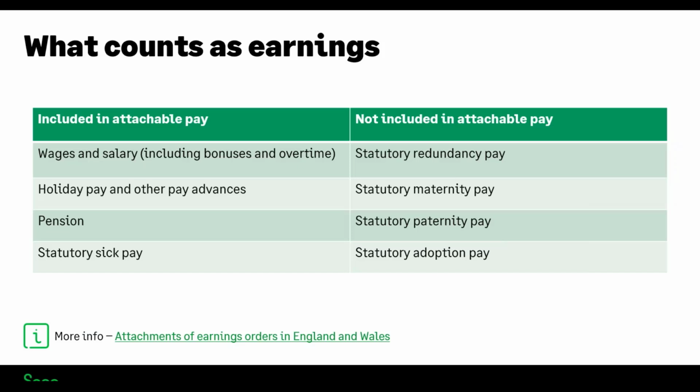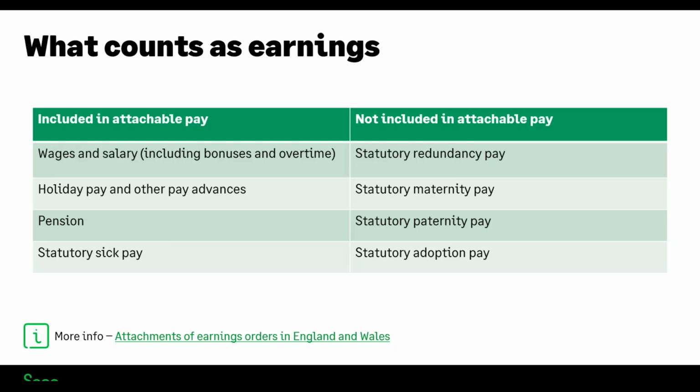So what counts as earnings then when it comes to attachments? Well, it is most payments that are subject to tax and national insurance that should be included in the attachable pay. So this includes wages and salary, including bonuses and overtime, holiday pay and other advances as well, pension payments if the employee is being paid through an occupational scheme, and statutory sick pay as well, which is actually the only statutory payment that does count towards attachable pay.